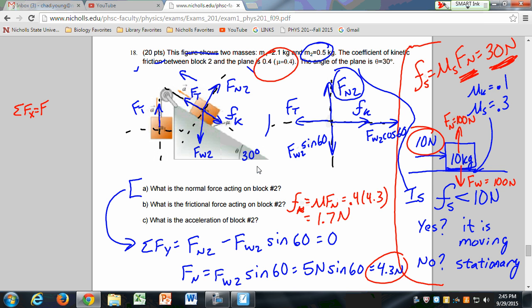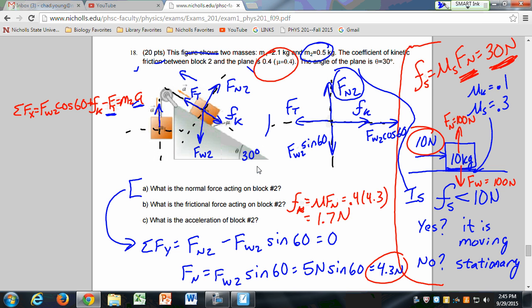I have Fw2 cosine of 60 plus Fk, I know what that value is, minus Ft equals m2a. And now let's ask myself, can y'all see that okay? See that writing? All right, so what do I know? Or let's just write what do I not know. I don't know the tension, and I don't know the acceleration.